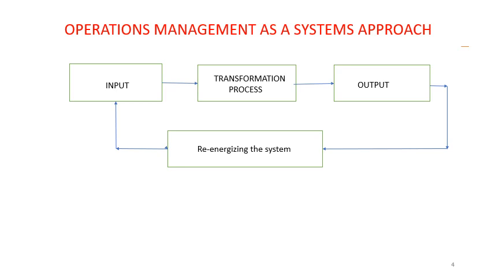The outputs are again measured and analyzed for any deviation from the set standards. Especially when it's a physical good, we can always do this, but as we have already mentioned in our previous session, for services it's difficult.